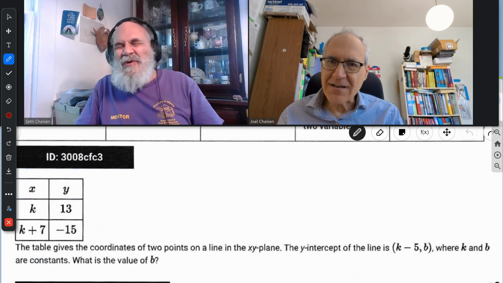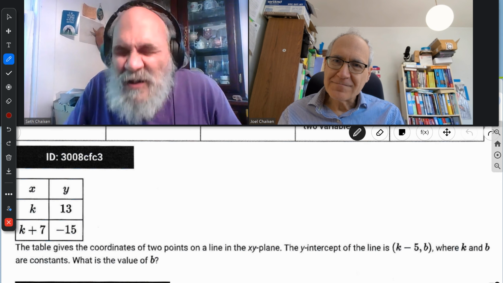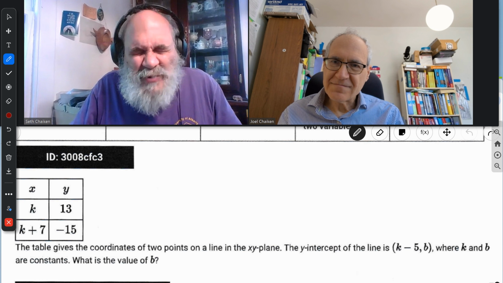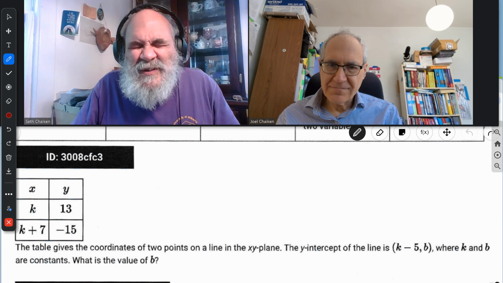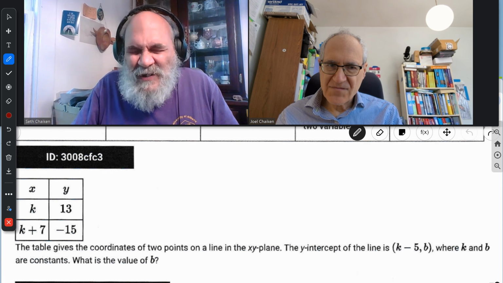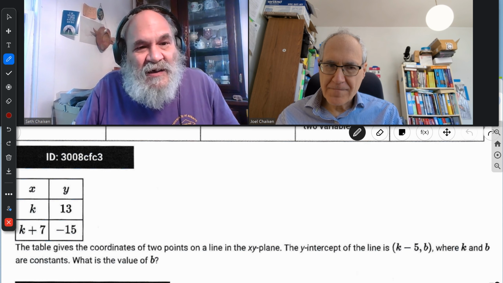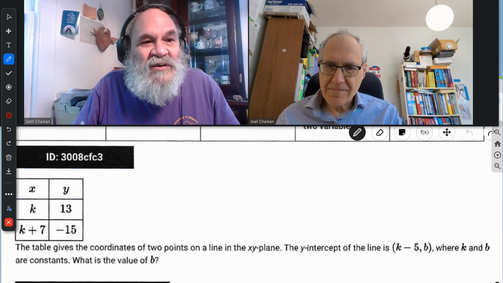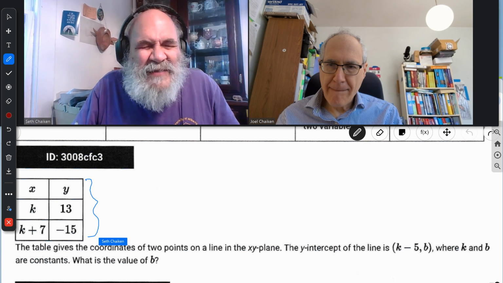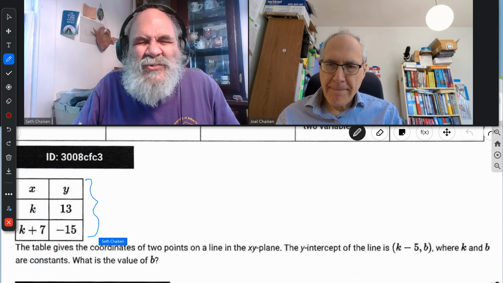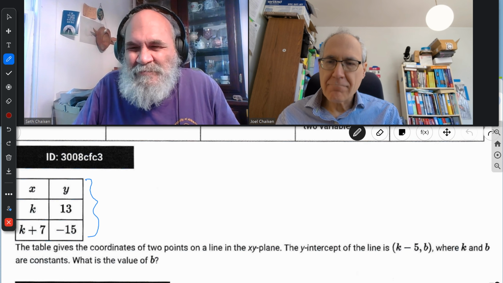Okay, so let me share my approach. It deals with slopes and intercepts. What is given to you is data that could tell you how to compute. You have enough data in the table to tell what the slope is.